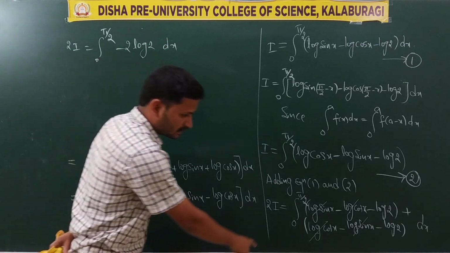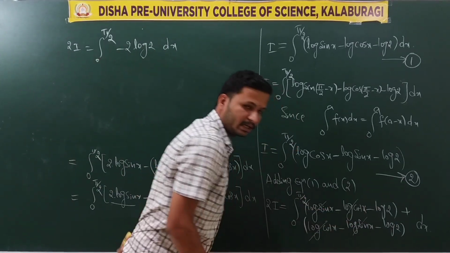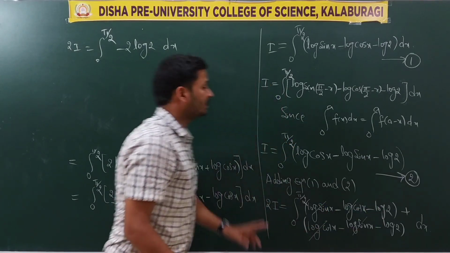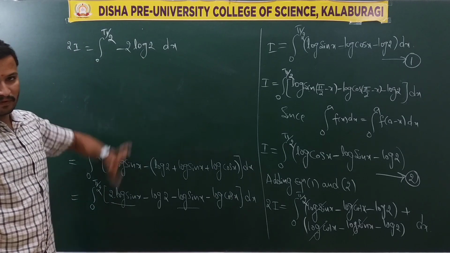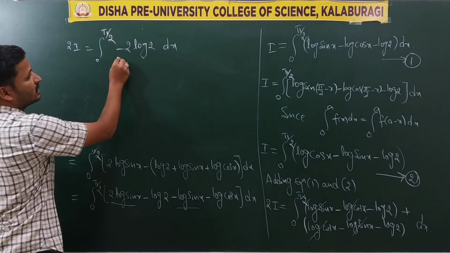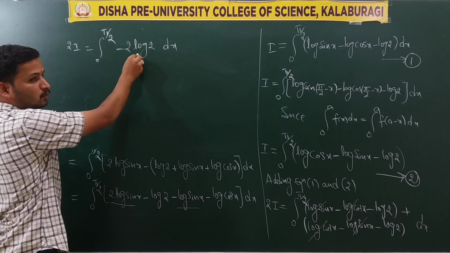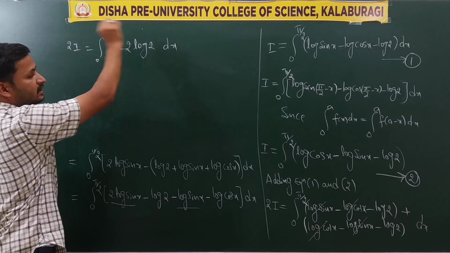Here the terms cancel and what remains is minus log 2, again minus log 2, and adding them, that is minus 2 times log 2. So this minus 2 times log 2 is a constant term, because log 2 is a numerical value, so it is completely a constant.